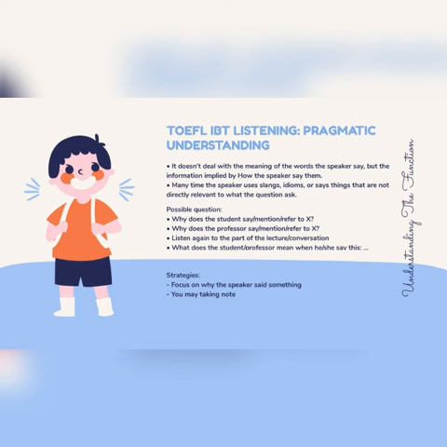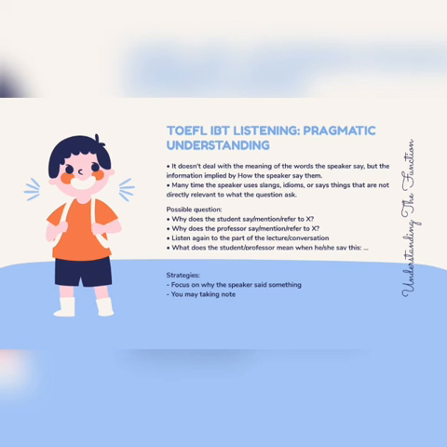Second, why does the professor say, mention, or refer to X? The third is, listen again to the part of the lecture or conversation. And the last is, what does the student or professor mean when he or she says this?